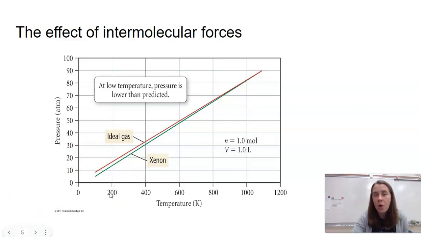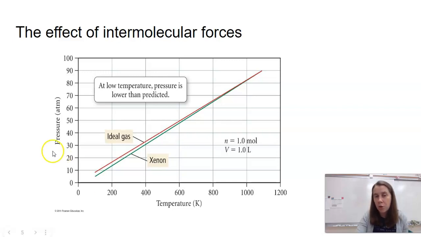And the reason is when two gas molecules or atoms collide with each other, we assume they have elastic collisions, meaning they bounce off each other with the same amount of energy as they collided with. Okay, but as the temperature gets lower and lower, they move more slowly, and as their velocity decreases, the kinetic energy that they have is not always going to be enough to overcome the small attractions between the atoms or the molecules.